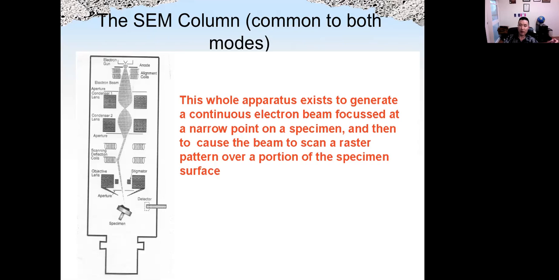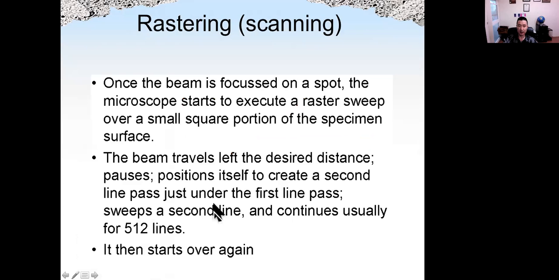So we have scanning a raster pattern over a portion of the specimen surface, and then we can get an image later on. When the beam is focused on a spot, the microscope will start a raster sweep over a square portion of the specimen.